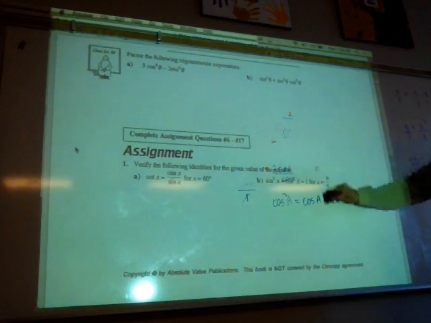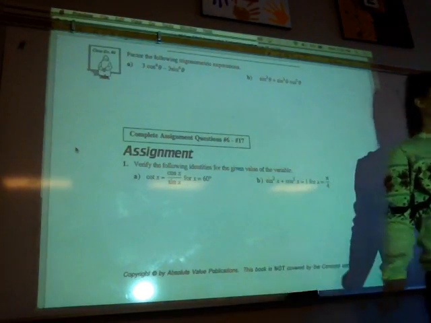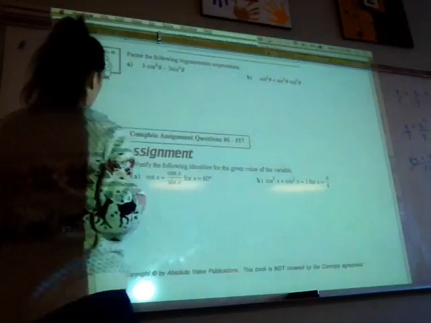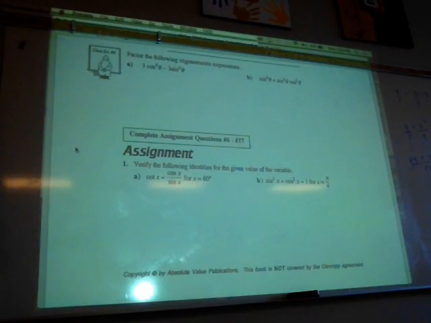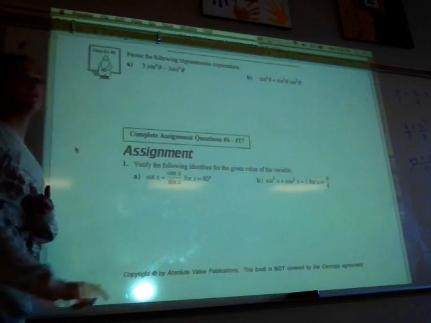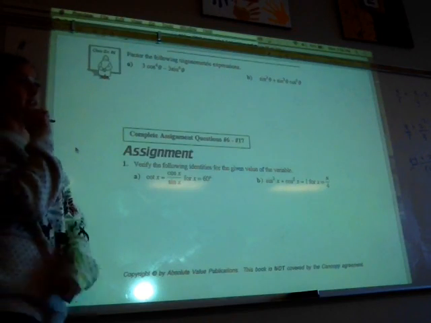If you're uncomfortable with leaving the trig ratios within the expression, you could use substitution, so put a variable for sine or a variable for cosine. But I might just try and see if you guys can follow along using just the sine for this one, okay? So what do both terms have in common?